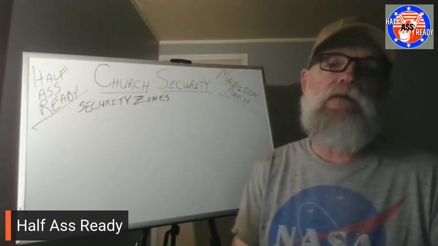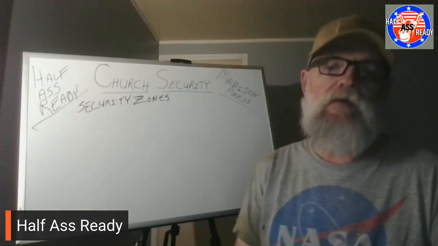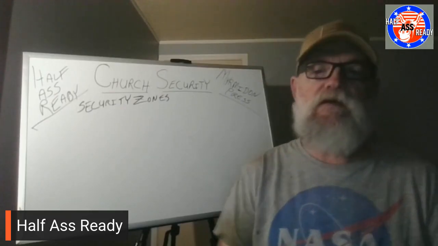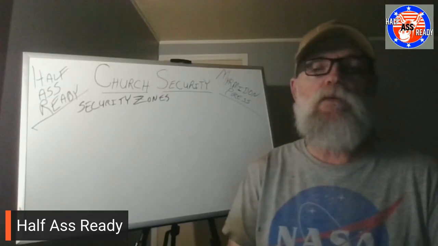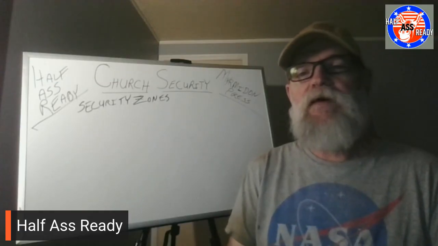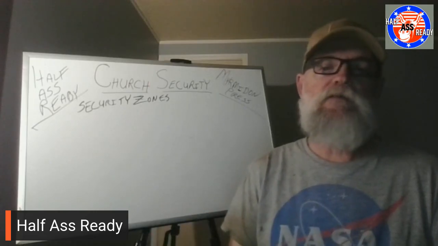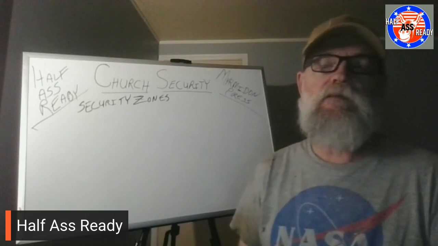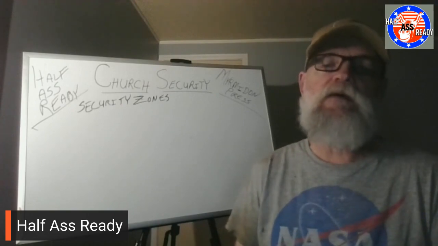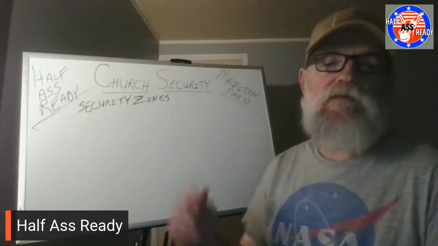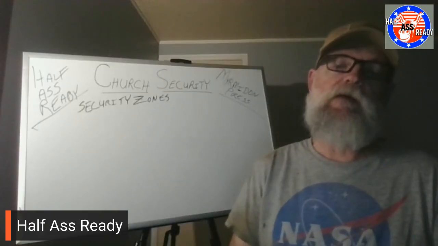I would set up my security zones as priority. And of course, the sanctuary is probably going to be your number one priority. But these priorities can change. These aren't etched in stone. Just where you start your assessment, right? So you want to start your assessment in your sanctuary.